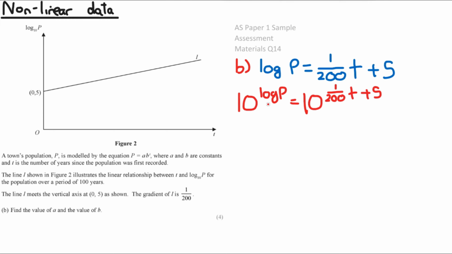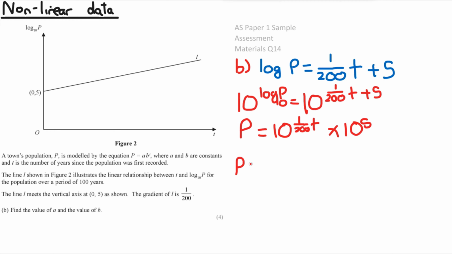Let's simplify this. So remember that 10 to the power of log base 10 p, if these two are the same, then this is just going to be equal to p, and this is equal to 10 to the power of 1 over 200 t, and because this is plussed in the power, we can therefore write this as times 10 to the power of 5, because remember that when you times powers, they add together, so therefore we can separate these and write them as this.